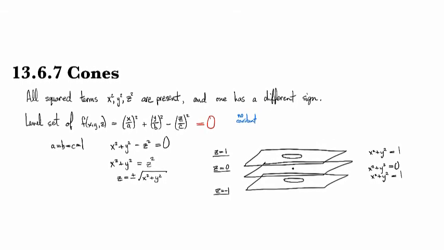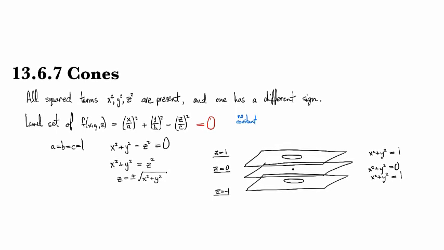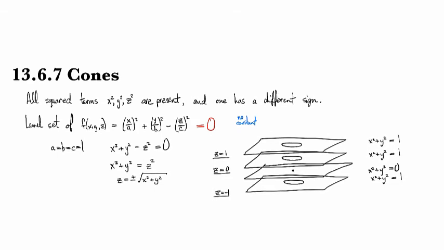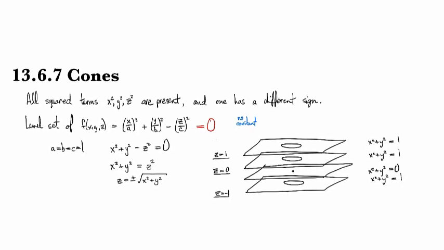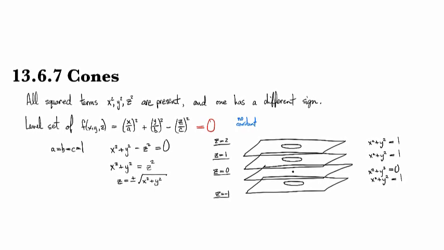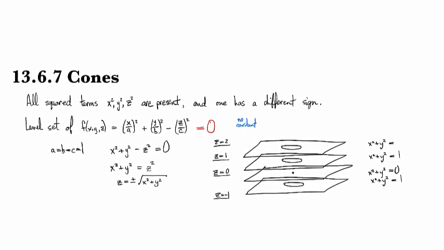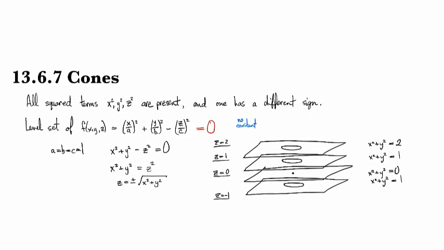So now the thing is, if we go higher, so if we go up one more level to z equals 2, then now we have 2 squared over here. So the radius is going to be 2.